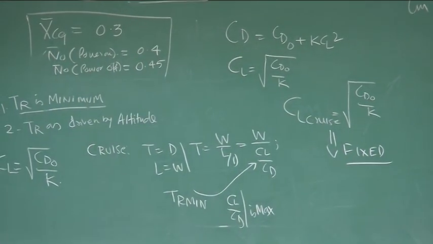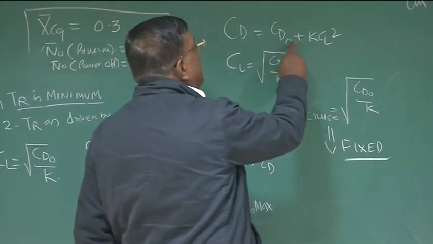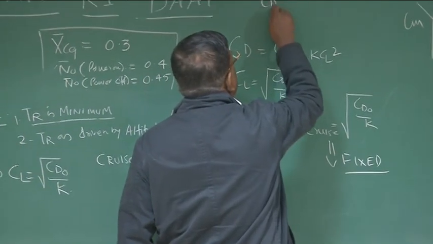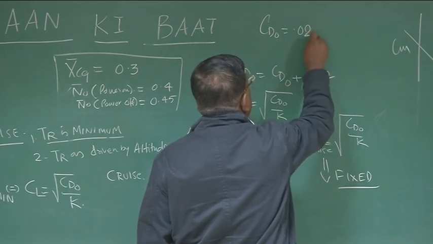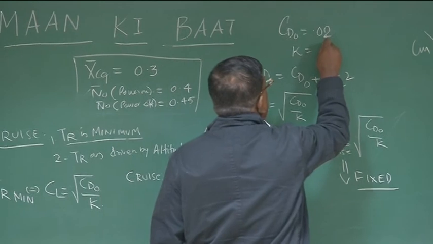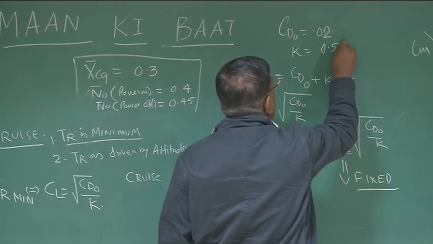Why is it fixed? Because for an airplane, CD naught and K are fixed. For example, CD naught, let's say for this is 0.02, and K you can find out, let me say it's 0.02.